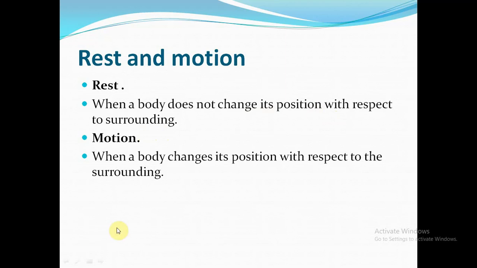If you are wandering here and there in the library, then it will be motion, because you will be changing your position with respect to your surroundings. So motion is when a body changes its position with respect to its surroundings.